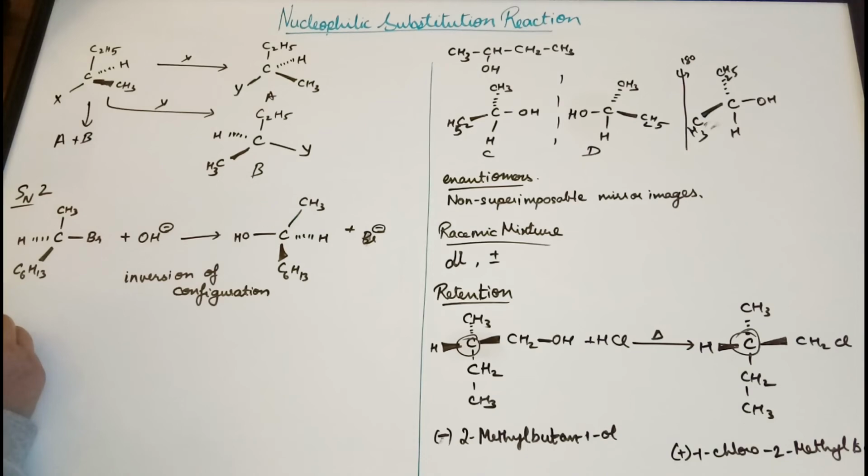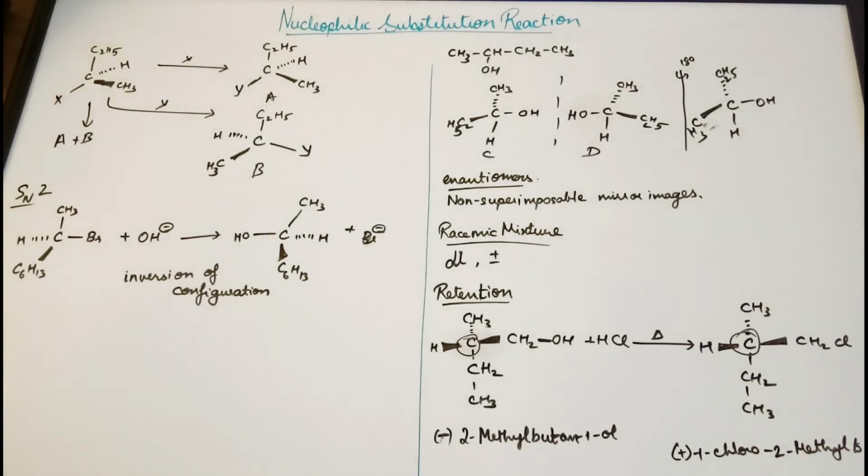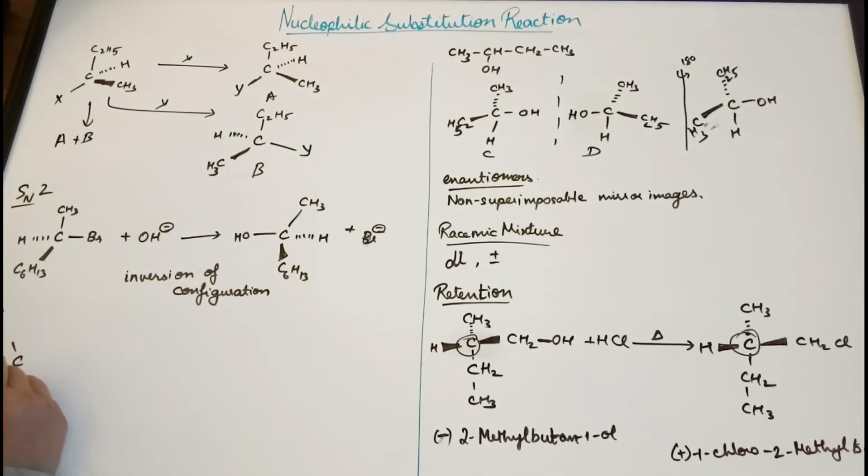But in SN1, the story is completely different. We know the reaction has to take place in two steps. The first step would be the formation of a carbocation. So let's take this compound, which is following the SN1 mechanism, and you have a bromine atom over here and a CH3.